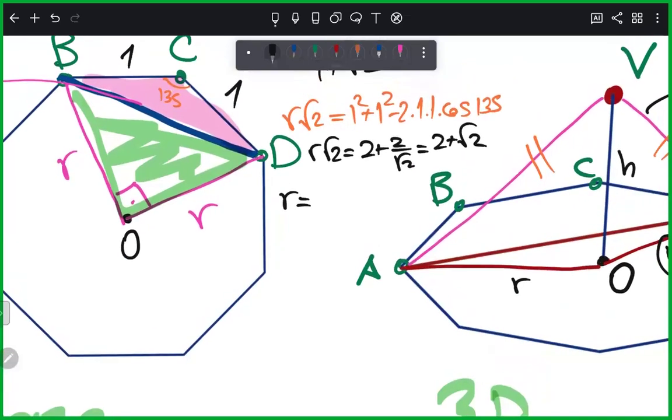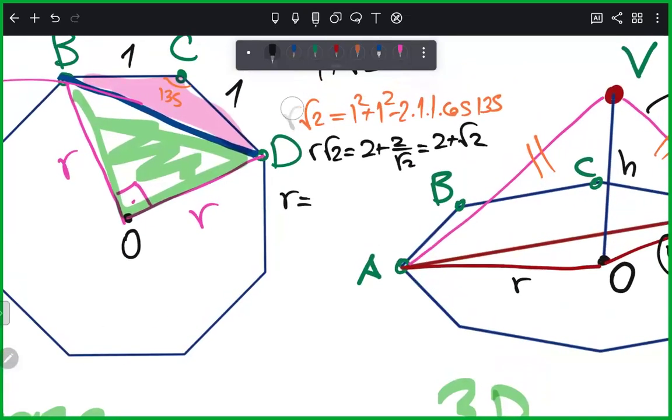But actually, this is not R, I'm sorry. This is R squared plus R squared, so this has to be 2R squared, and this is also 2R squared because we're just working with squares. Hence R squared equals 1 plus 1 over root 2.